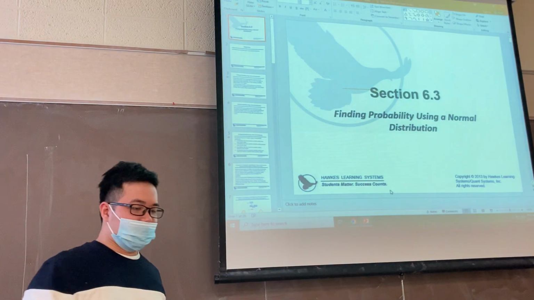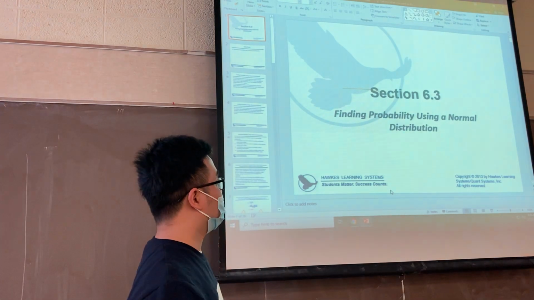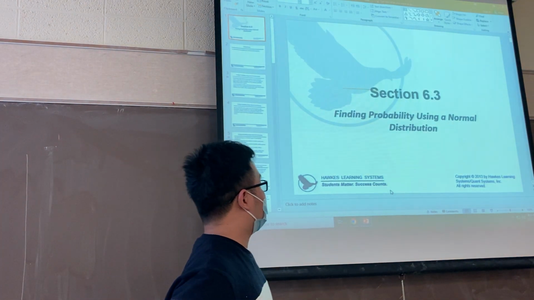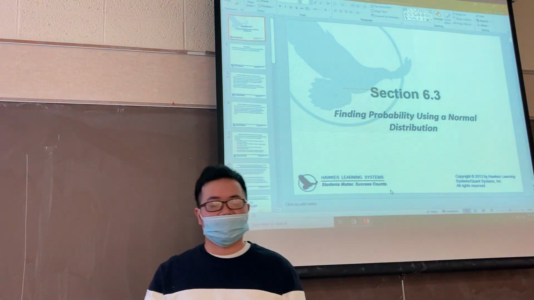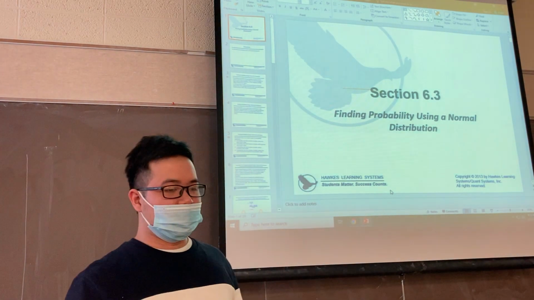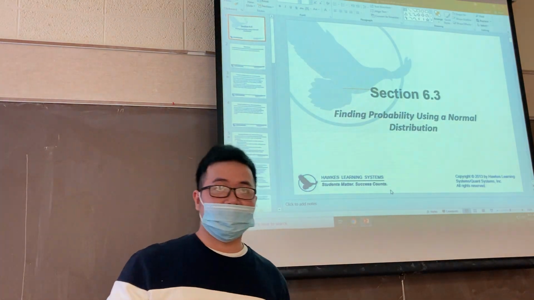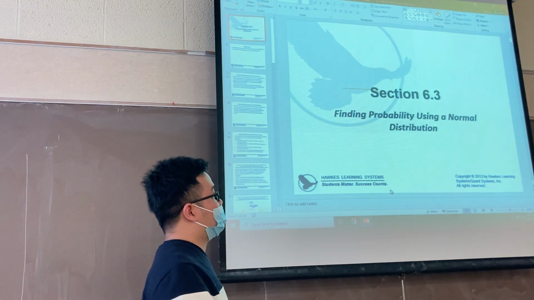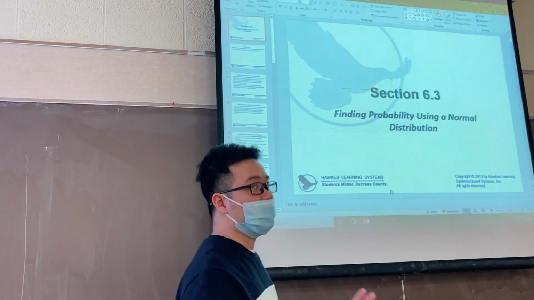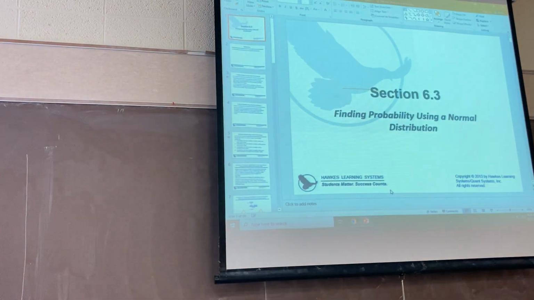Last time we focused on the standard normal distribution, where the mean is 0 and the standard deviation is 1. Now we will learn how to find probabilities using the general normal distribution, not standard.